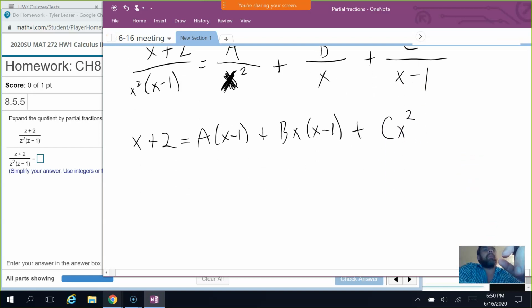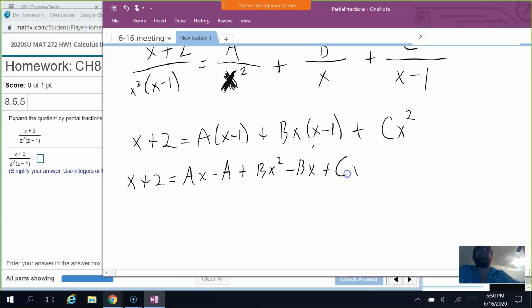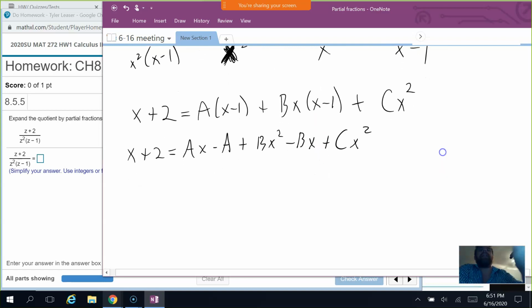All right, if you want to do the same technique that we did last time, we have to FOIL and distribute all of these parentheses away. So leaving the left-hand side alone, distributing the a into the parentheses, the bx into these parentheses, all right, this time we don't have x cubes, we only have x squareds as our biggest power.